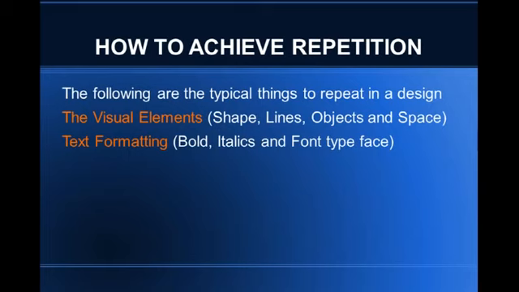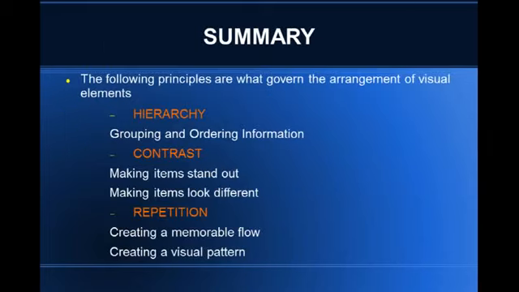So to achieve repetition, basically you have to repeat an element of design. You can repeat a shape, a line, an object, or space, or you can repeat the text formatting that is applied to the text.